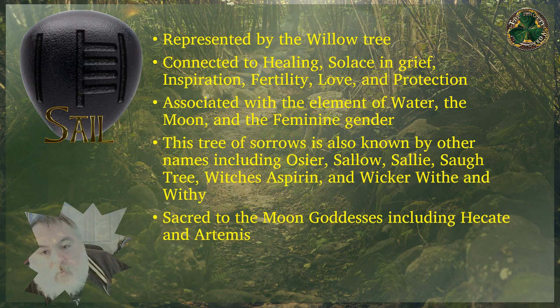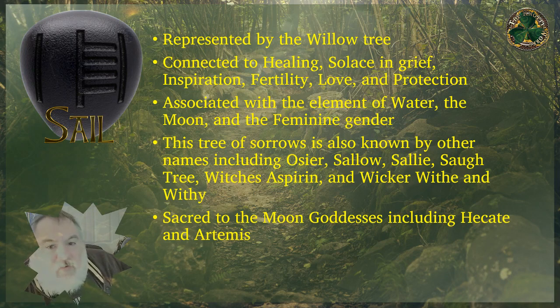There are stories with the moon, and mainly tears at night. It's like the tears of the weeping willow at night from the moon. That's something to kind of look into. The tree of sorrow is also known by other names, including Osier, Salo, Sali, Sal tree, which is aspirin, the wicker whiff, and withy. Sacred to the moon goddesses included Hecate and Artemis.